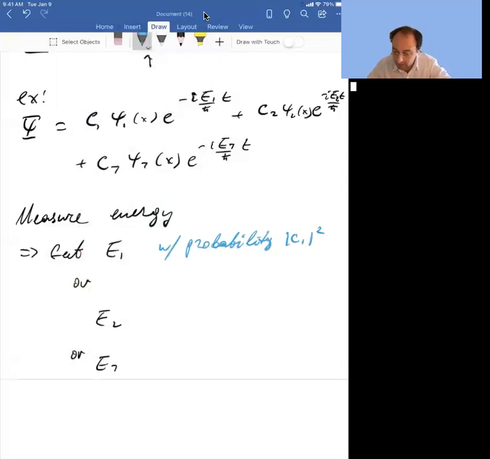We can get E2 with what probability? With the square of the magnitude of C2. Or you could get E7 with what probability? With the square of the magnitude of C7.